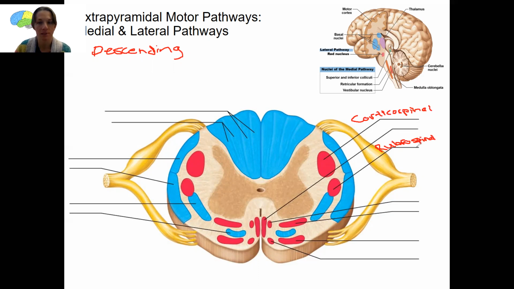These are the pathways. Then we've got a few others up here. We've got the reticulospinal. Where does the reticulospinal originate from, do you think? The reticular nucleus. The vestibulospinal, and the tectospinal.